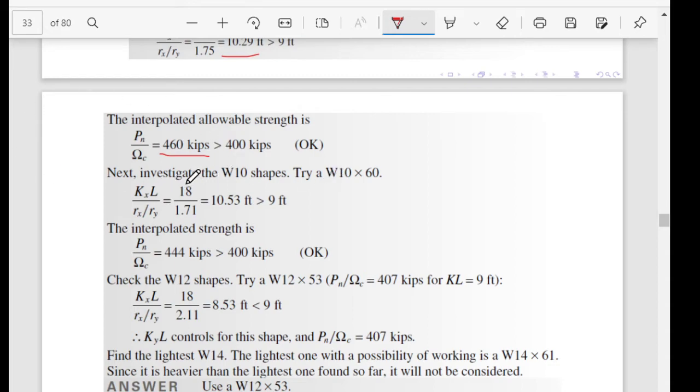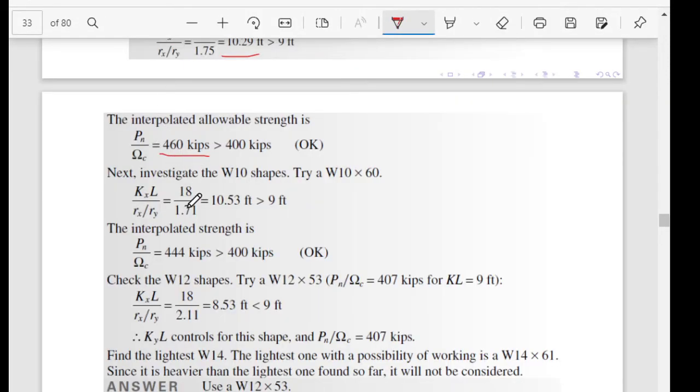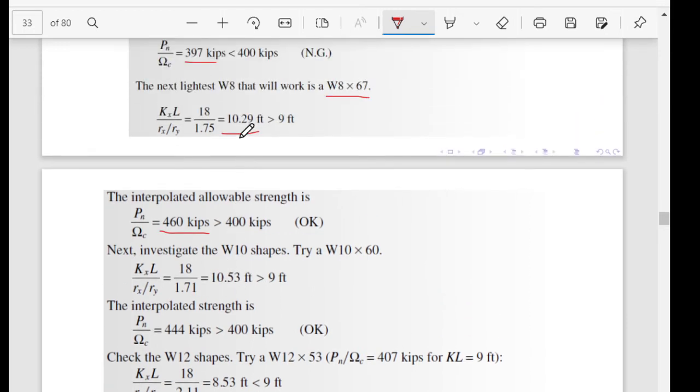Okay. W10 by 54, we try W10 by 60 next. But actually, if you look here at W10 by 54, if you compute the value of your KL in the strong axis, it is still 10 point something.